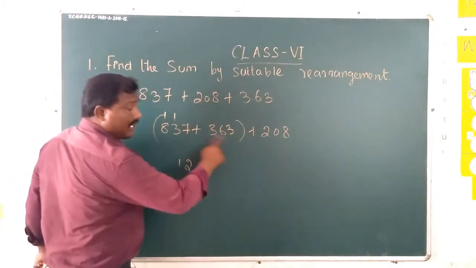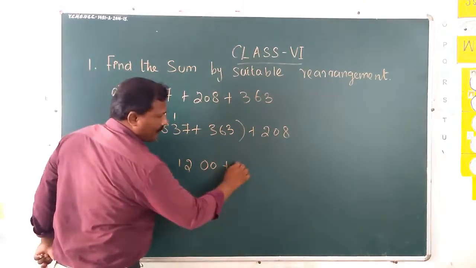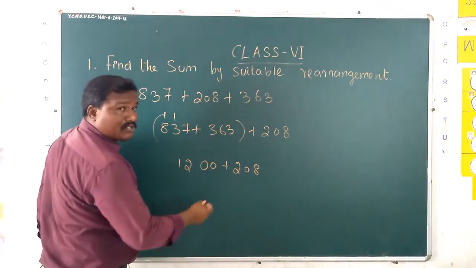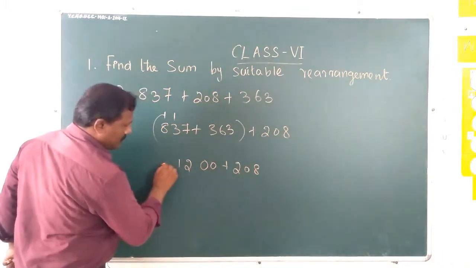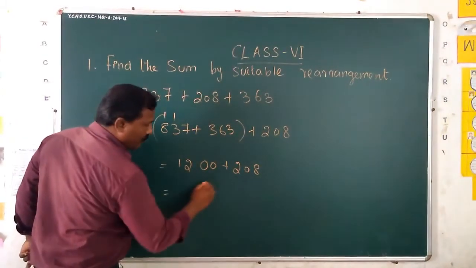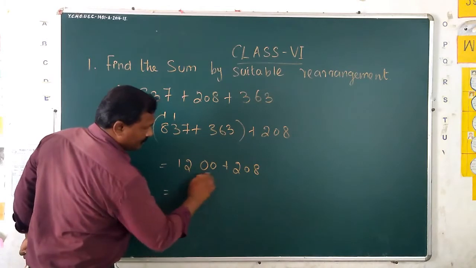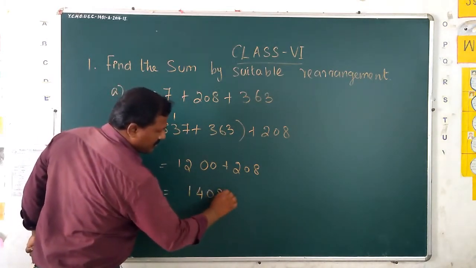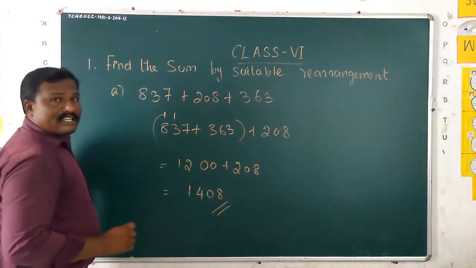Now easily we can add. So 1200 plus 208, how much? 1408. This is the answer.